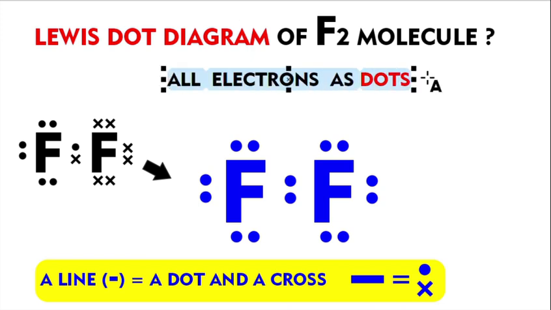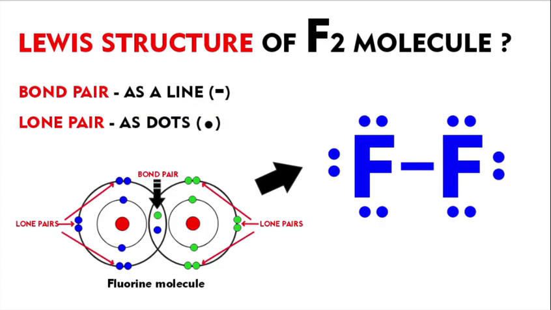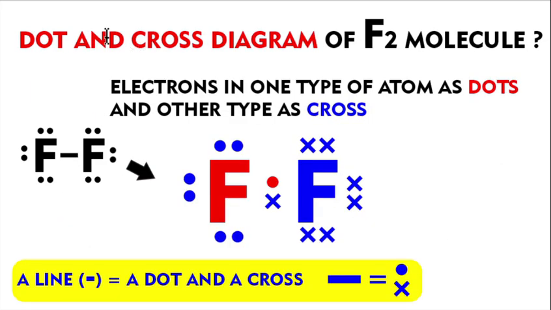There is another method called Lewis dot diagram. In this case, all the electrons in bonds and the lone pairs are all indicated as dots. මේක දැන් ඔක්කොම ටික අපි cross ටික අයින් කරලා dot වලින් පෙන්නනවා. So there were 3 methods we explained. Lewis structure: bond pairs as line, lone pairs as dots around the atom.